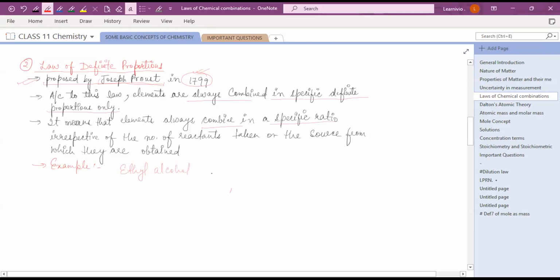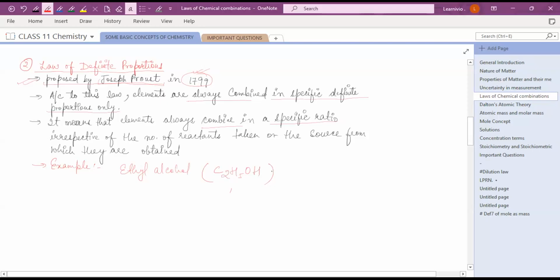What is the formula for ethyl alcohol, Fatima? Ethyl, CH2OH, yes. Okay, so we can write C2H5OH. This ethyl alcohol is nothing but ethanol.